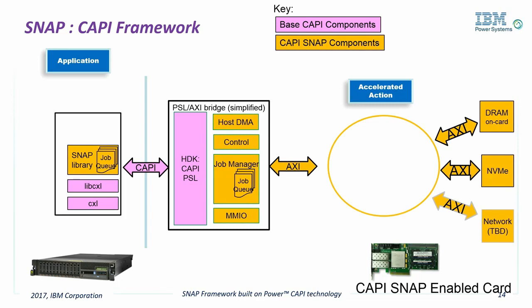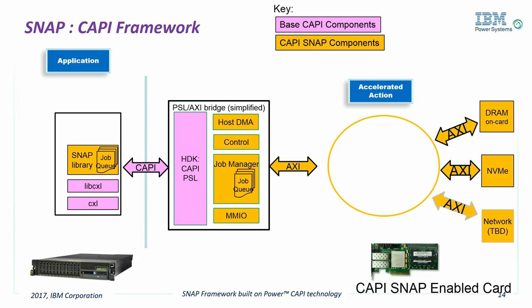Next is the CAPI SNAP infrastructure. On the host side library, we have the job queue and controls that interface with the application and call the CAPI libcxl. On the FPGA side, the SNAP infrastructure contains the local controls and job queue, the MMIO engines, and all of the data movers.